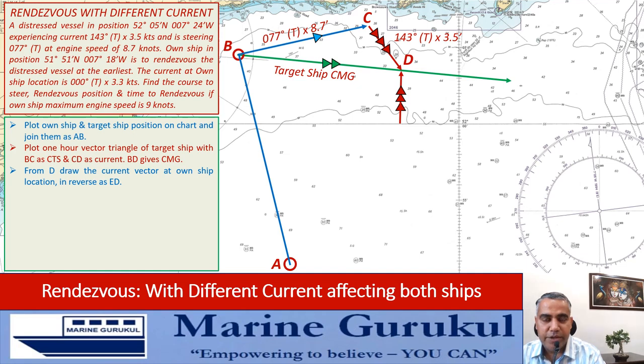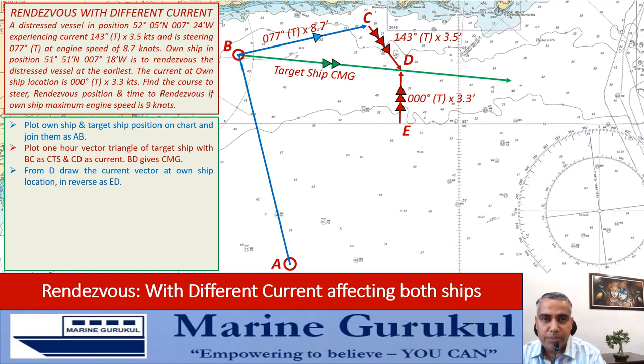So we apply it on point Delta, but in the reverse direction. You see the current coming up at point Delta. Let's mark the beginning point of the current vector as Echo. So you have the Echo Delta vector on the screen representing the current at own ship location.